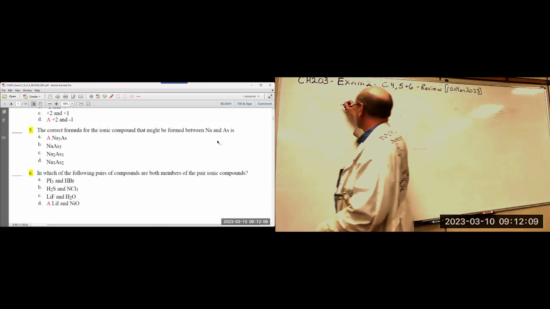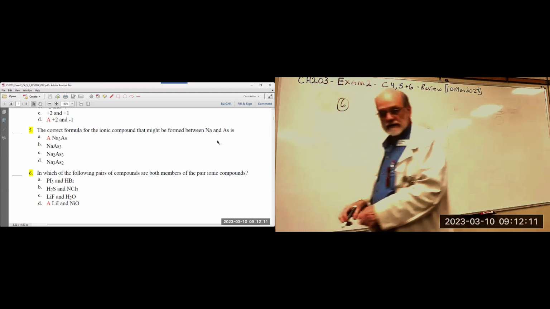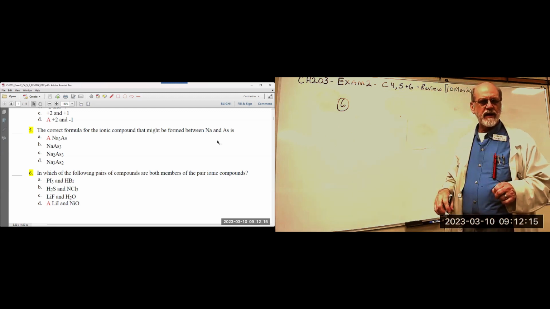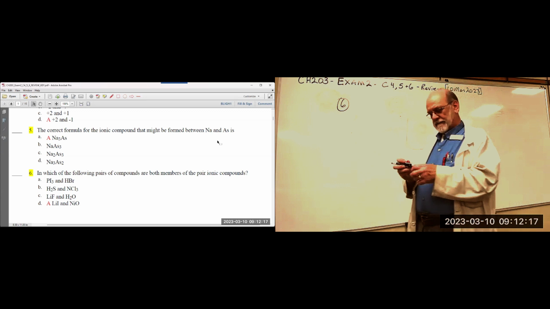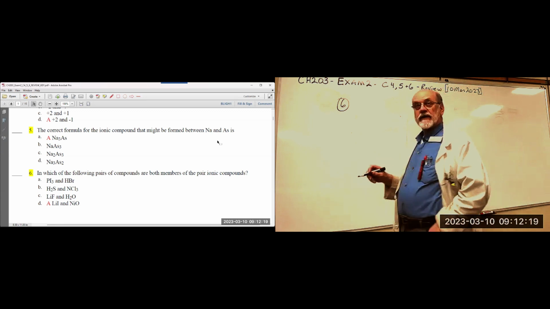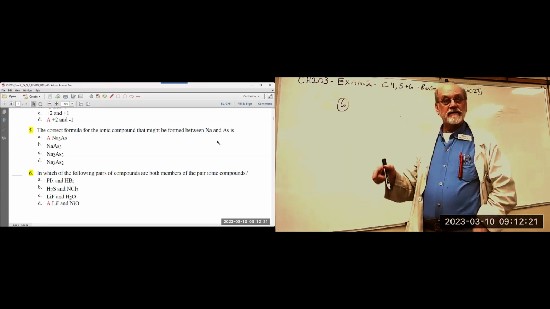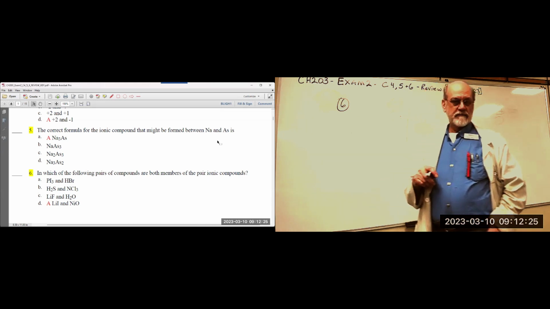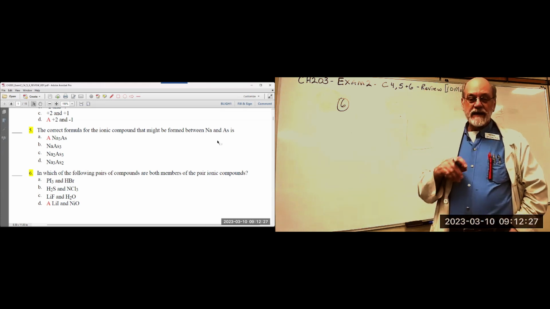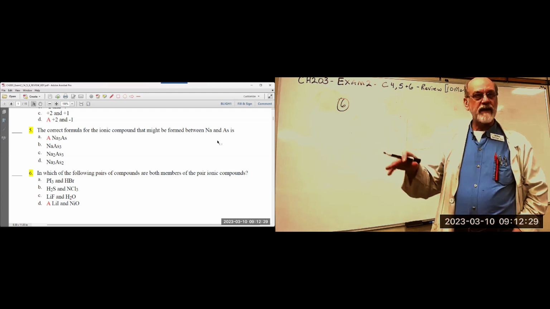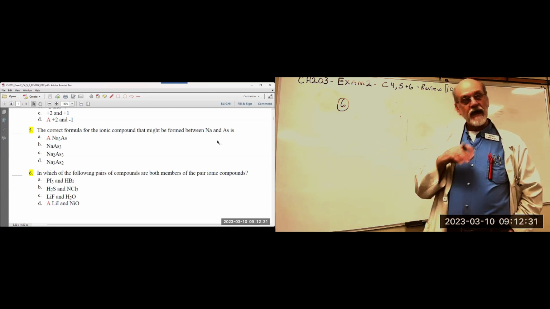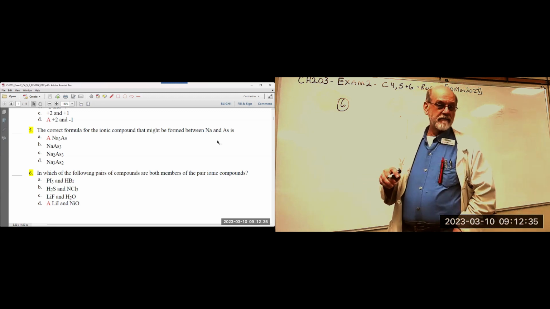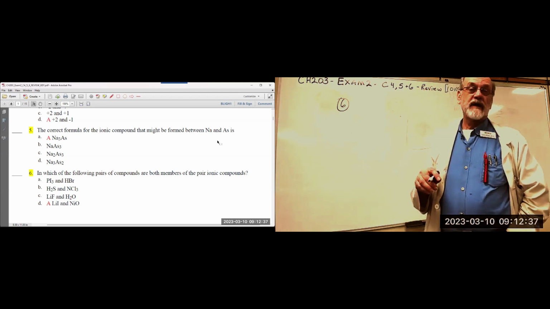Let's see, 6. In which of the following pairs of compounds are both members of the pair ionic compounds? So the first thing you need for an ionic compound is a metal and a nonmetal. So if we've got any nonmetal-only compounds, throw that one out. Right, so the first one is phosphorus triiodide.